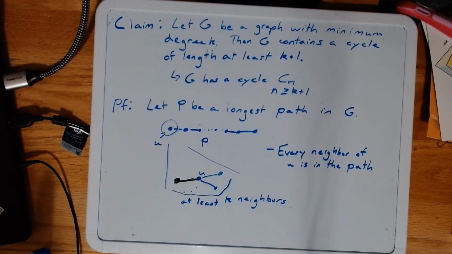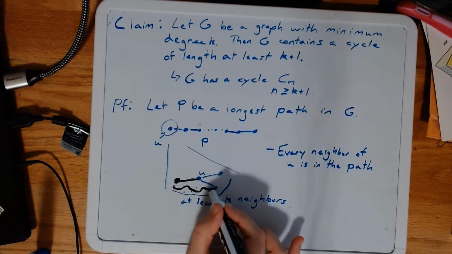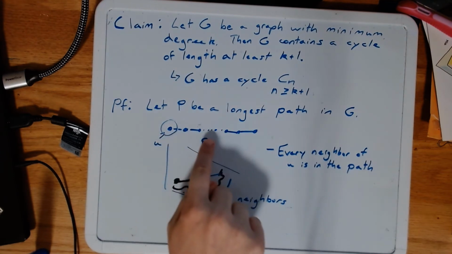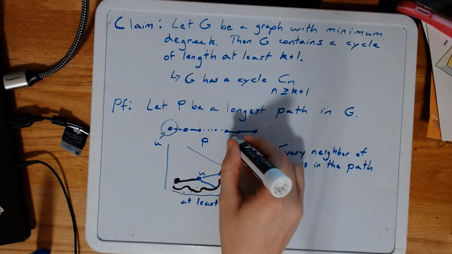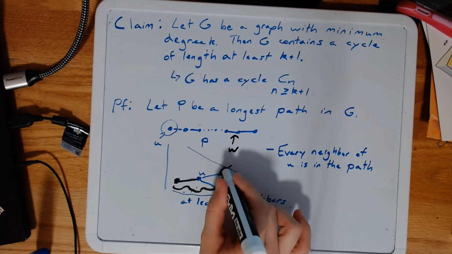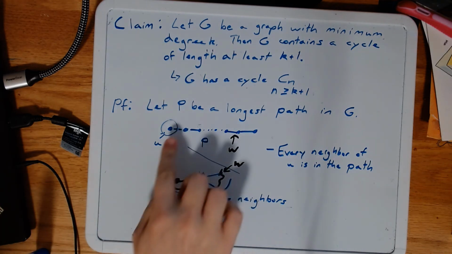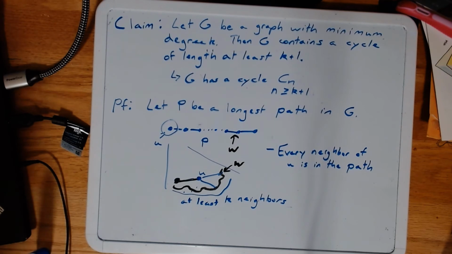And all the others are somewhere in the path that winds around. And if we travel from U, one of them must be last in this path. So let's say it's this one, and it's W. Whichever neighbor comes furthest away from U in the path.